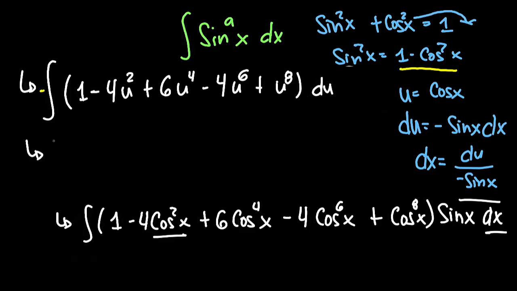Now that we have this in a much simpler form, we can now integrate this one by one. So let this be negative and put a bracket which represents the value of this integral.